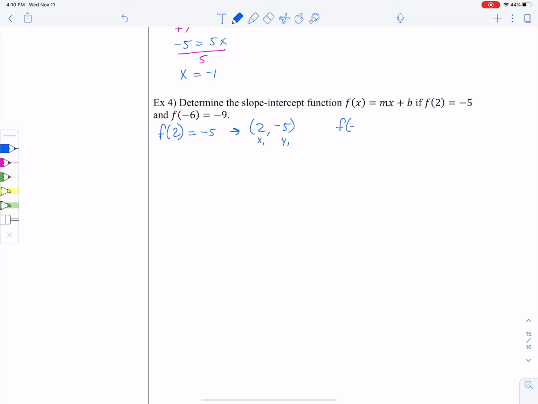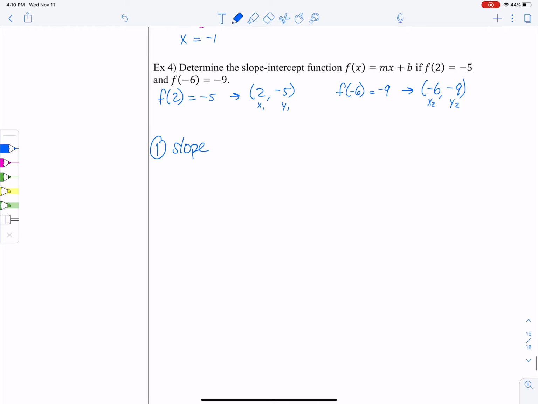And then you have f of negative 6 is equal to negative 9. So that becomes negative 6 comma negative 9. And that's going to be x2 and y2. So then, just like we did earlier in the chapter, we have 3 things to find. The slope.